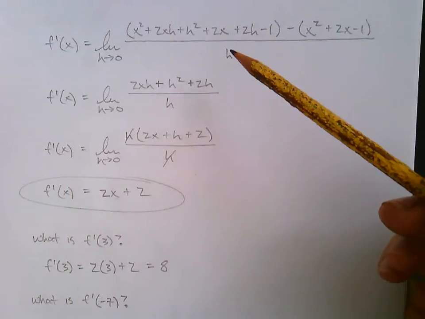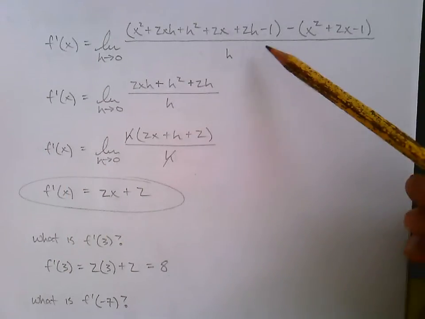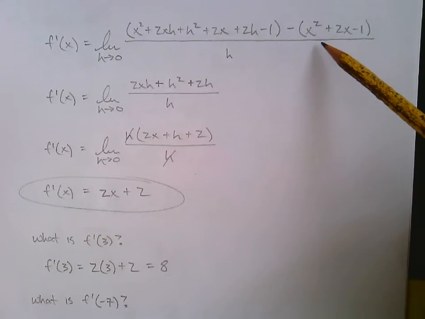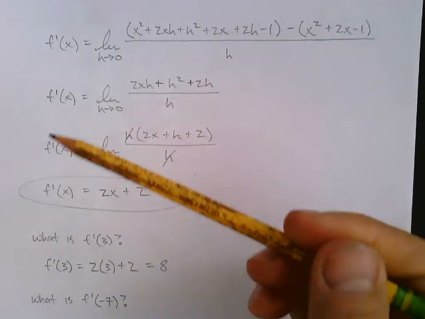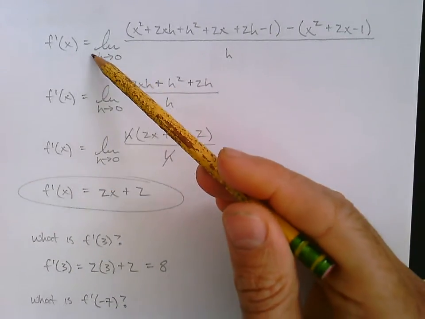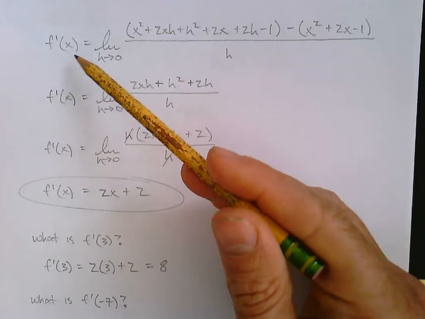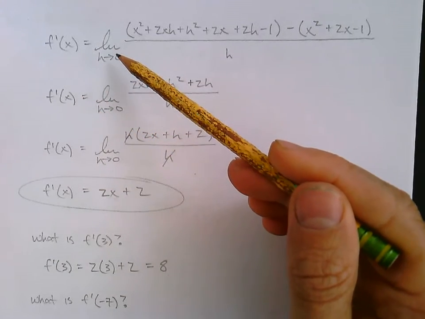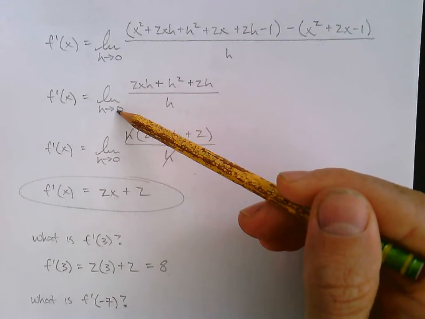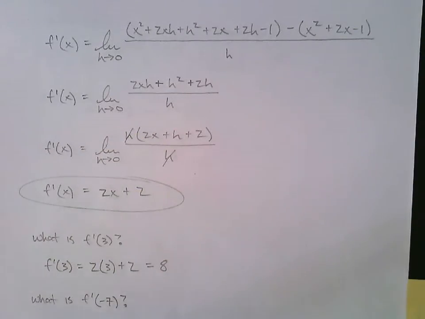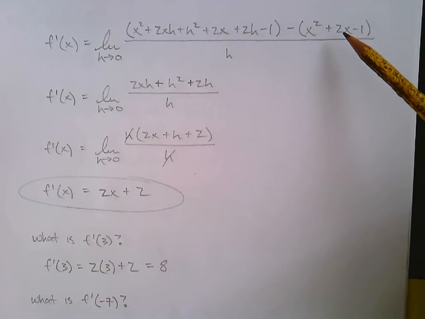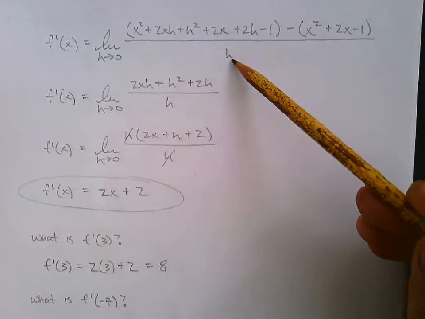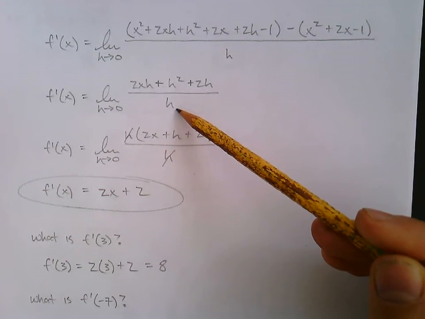Notice that as we progress and as we simplify the difference quotient, I'm still writing an equal sign. I'm still writing f prime x. I'm still writing the limit as h goes to 0. Okay, so I'm simplifying this part. The h here doesn't change, right? We haven't done that yet.